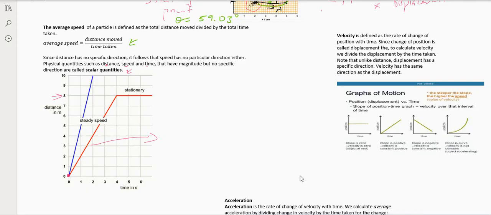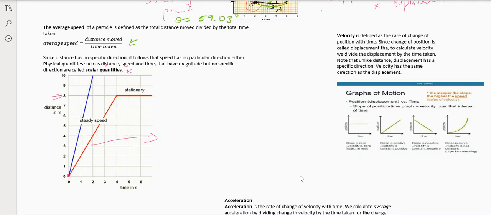So when we say speeding at a steady rate, it means, for example, it's a car. That car would be changing its distance at a constant rate.